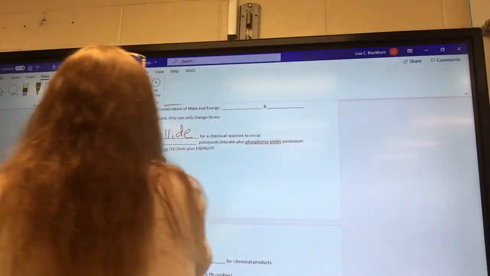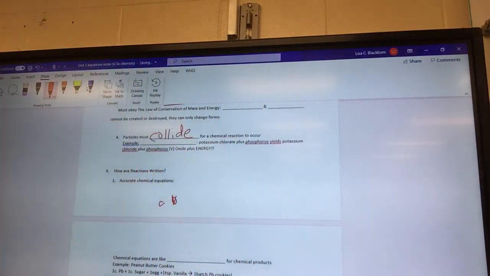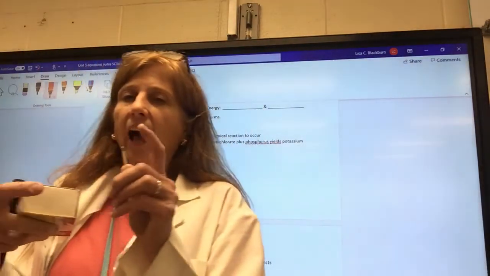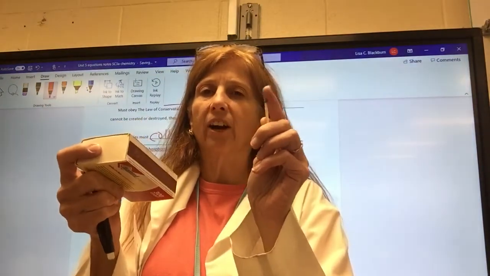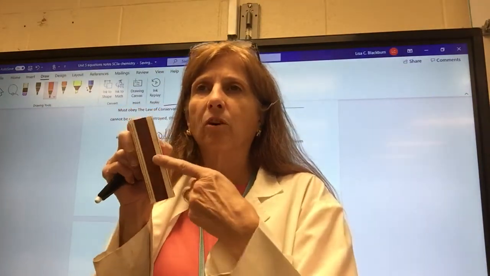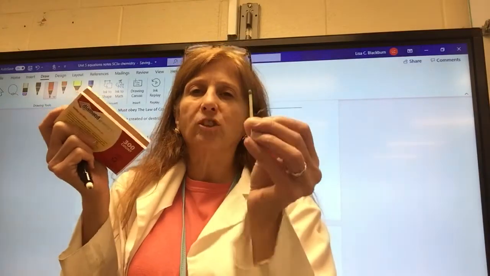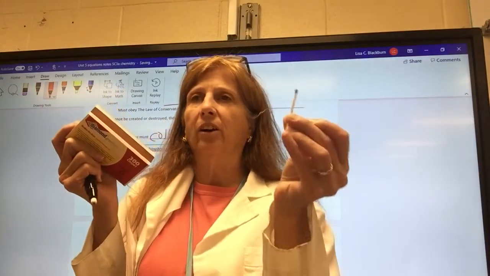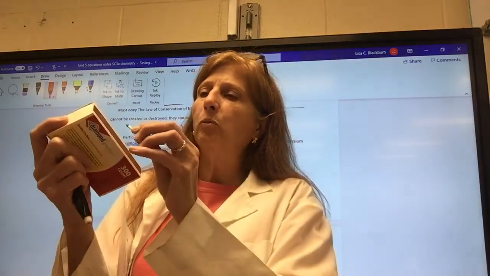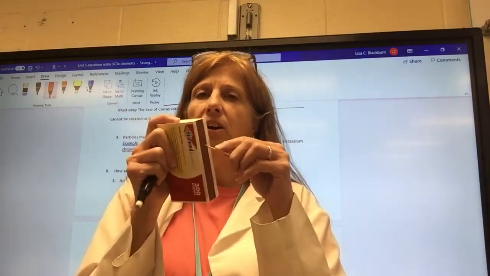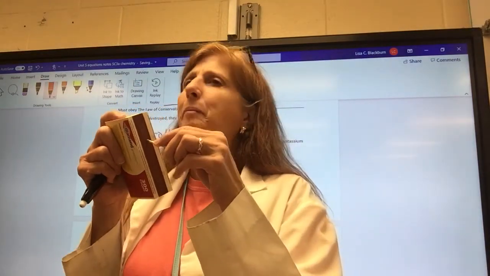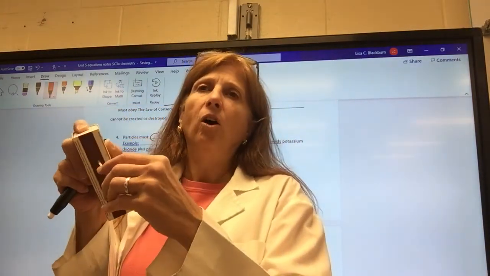For example, this reaction. The reaction I did, I made the chemicals here collide with the chemicals here. Do you think my match will light if I just hold it here? No. Will it work if I just hold it here? Maybe if it was hot enough or given enough time.